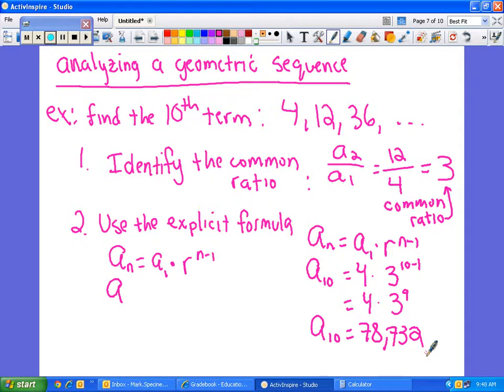What is the 10th term? That's the number of the term that I'm solving for. Is that ever going to change? Of course it's going to change. Every problem is going to be different. You're not always going to be asked to find the 10th term.